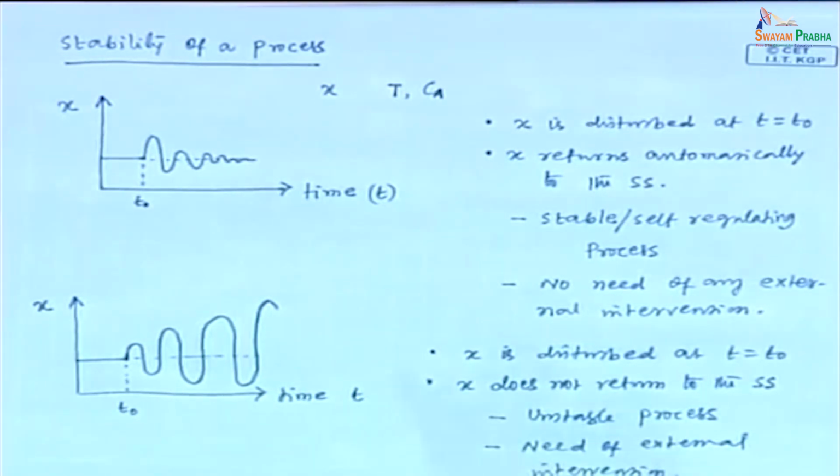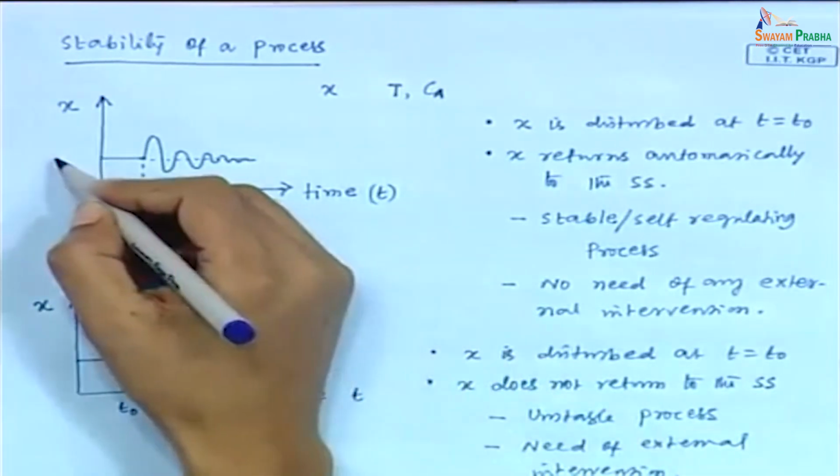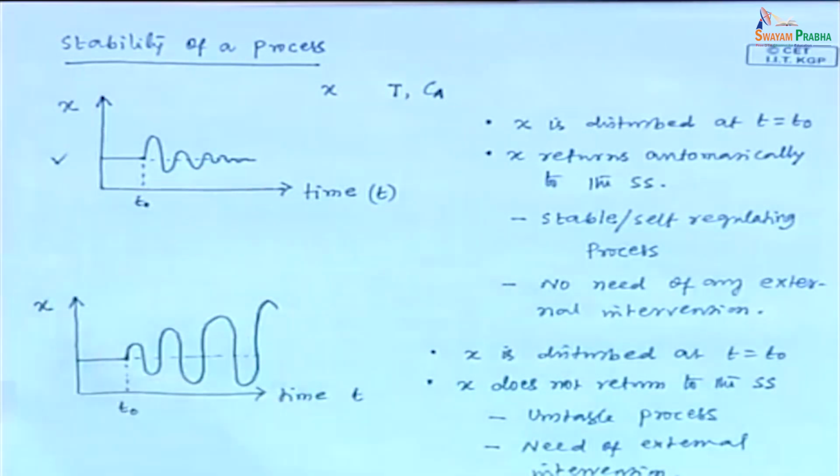Now, from this discussion we cannot conclude that for a stable process there is no need of a controller, because we have mentioned three important issues, and this is only one issue. For the other two issues, the suppression of external disturbance and the optimum performance of the process, we may need the controller.